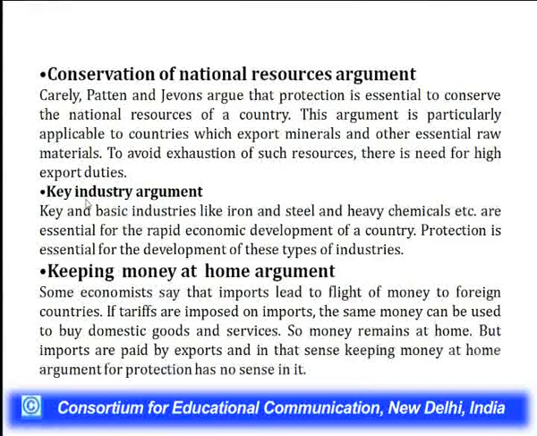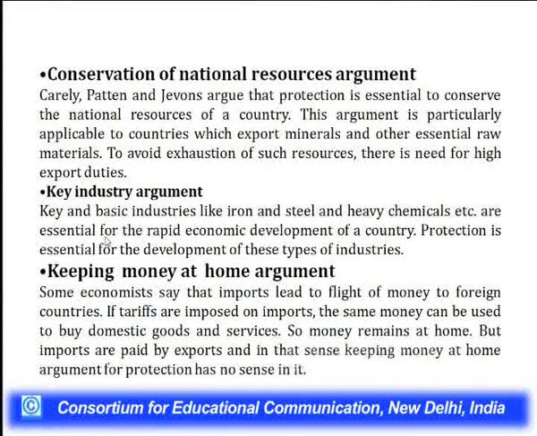Key industry argument. Key and basic industries like iron and steel and heavy chemicals are essential for the rapid economic development of a country. Protection is essential for the development of these types of industries.